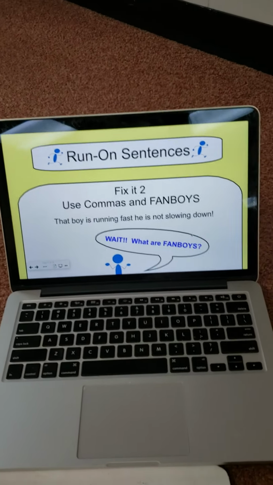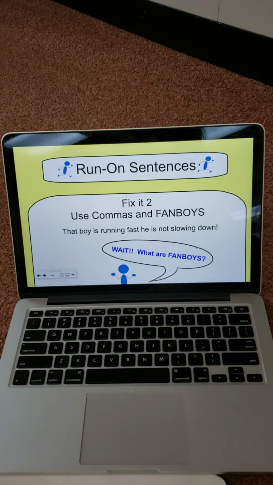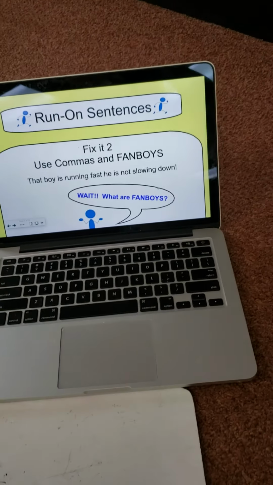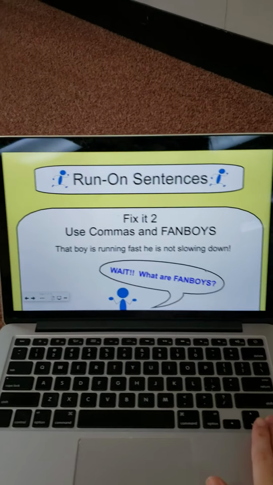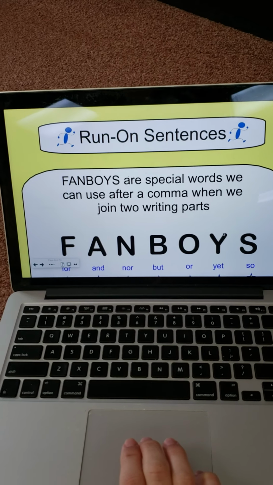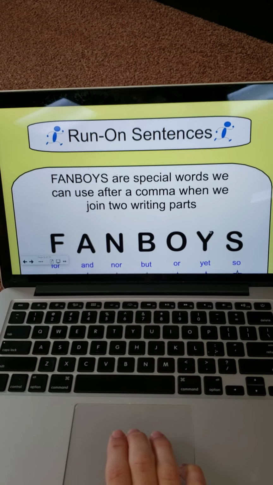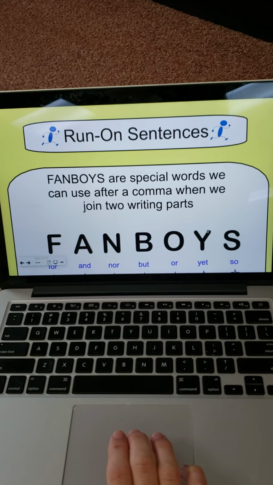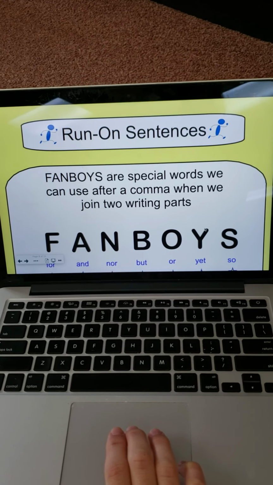So when you put a comma, you can take a breath, and it's not like you're running on into one long sentence and it doesn't make any sense because you are going so fast. So our fanboys stands for: for, and, nor, but, or, yet, so. Those are our fanboy words.